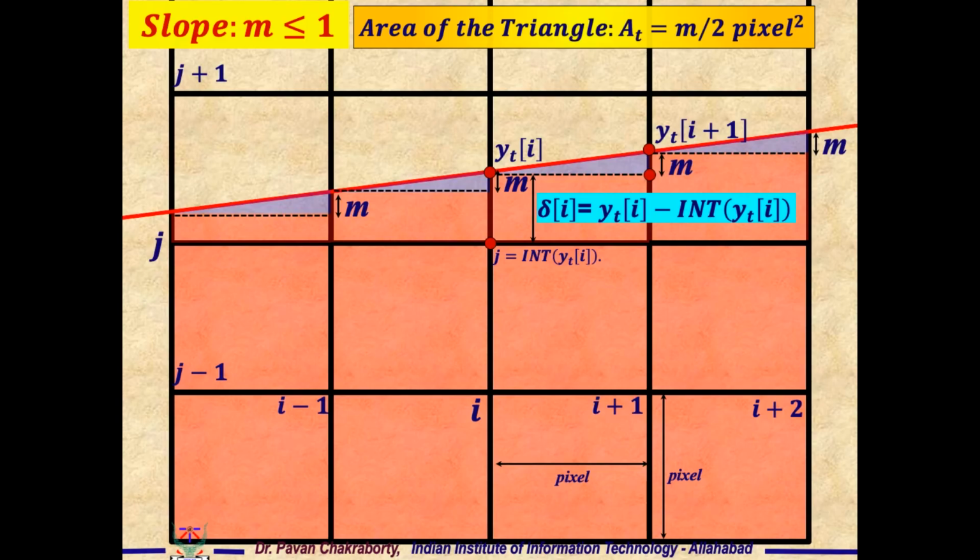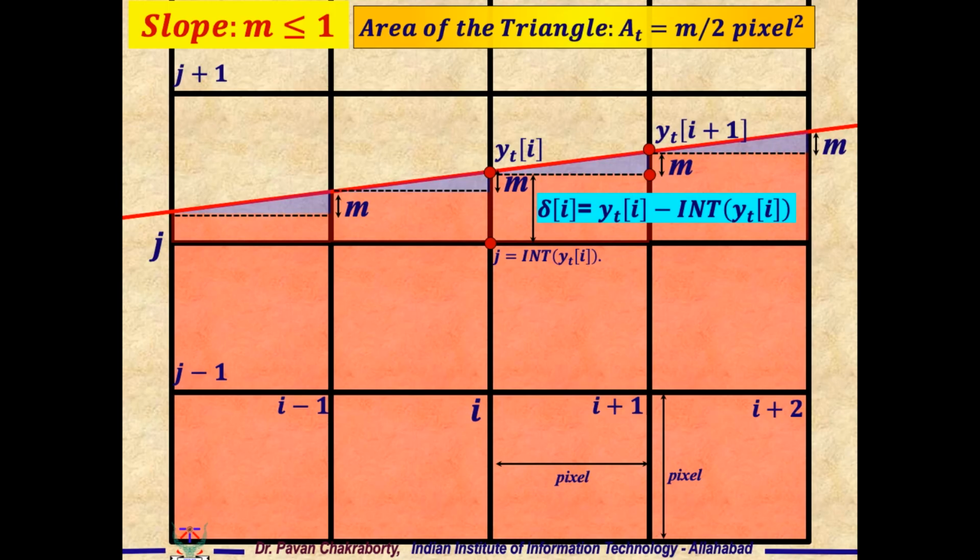We could then also try to determine the area below the triangle, which is a rectangle, and the base of the rectangle is again 1 pixel. The only thing that varies is delta I, which is the height of the rectangle.